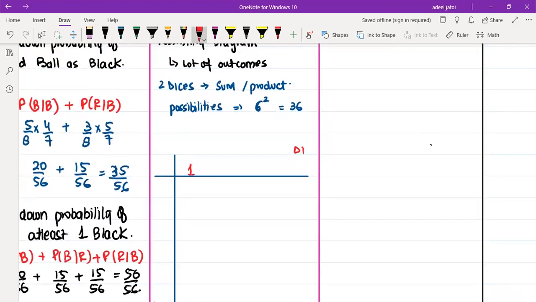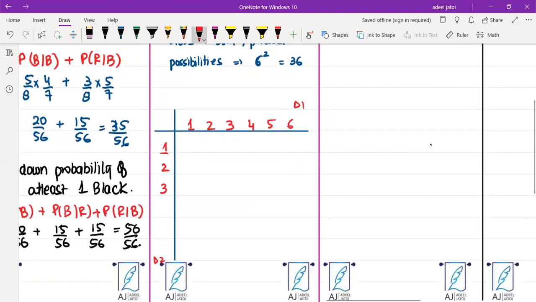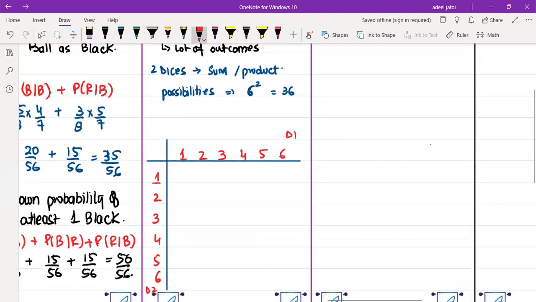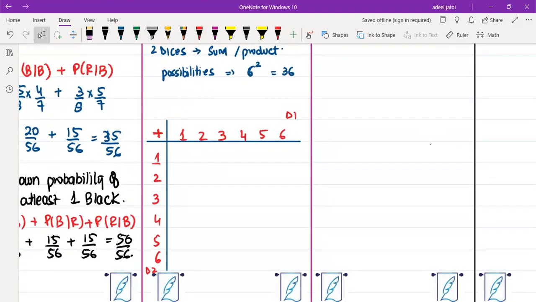We'll have 1, 2, 3, 4, 5, 6 and 1, 2, 3, 4, 5, 6. The question says we are adding the numbers, that means the 2 dice are thrown and the numbers on the 2 dice are added. So we'll add all the numbers.